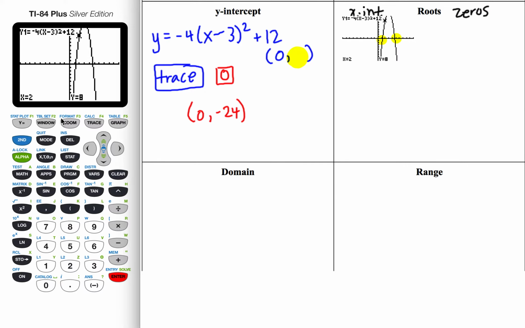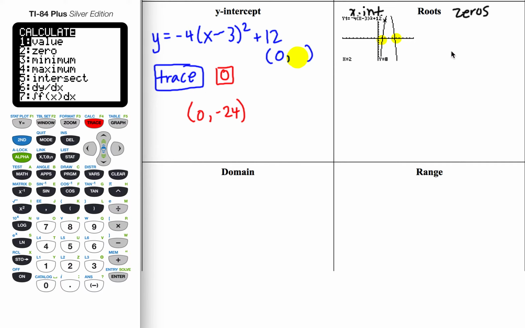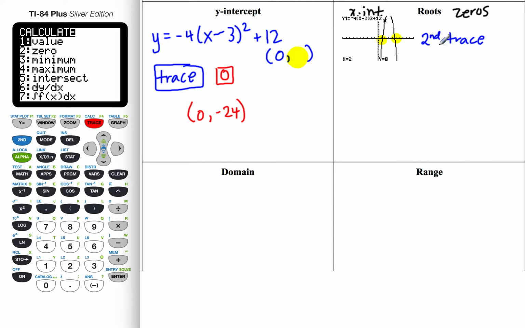Like I said up before, up here is kind of where you do all the calculations for your graph. So we're going to go back to second trace. So I'll start writing these keystrokes down. Second trace. And if we look at our options here, we're going to look at number 2, which is our 0.